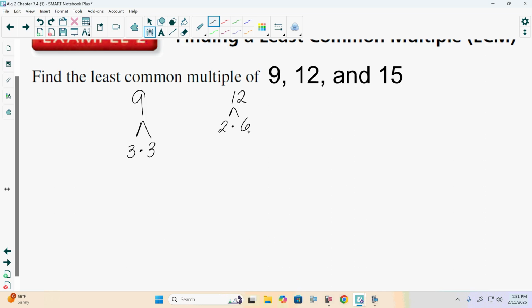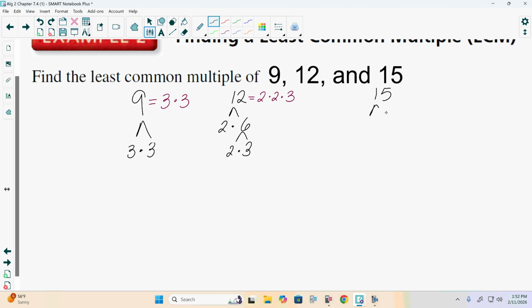Now 2 is prime, because I can't divide anything into 2 besides 1 and itself. So we'll look at 6: 2 and 3. Now for 9, I didn't write it, but really its prime factorization is 3 times 3. 12, since we have it all the way written out, is 2 times 2 times 3.